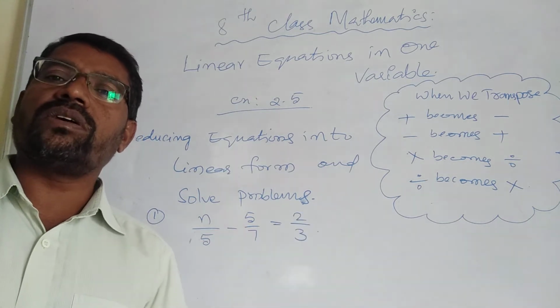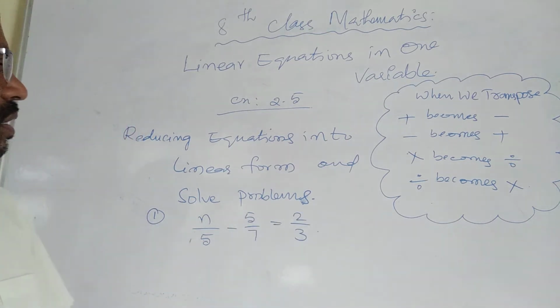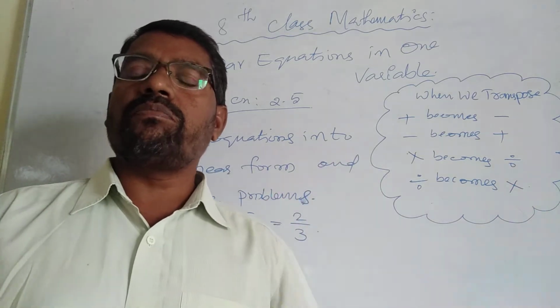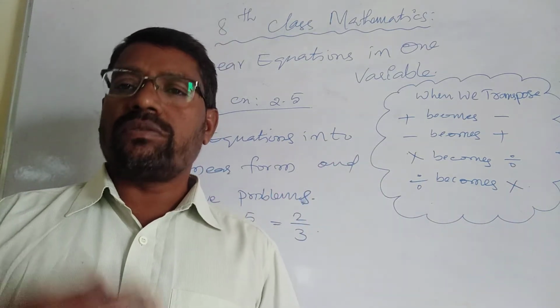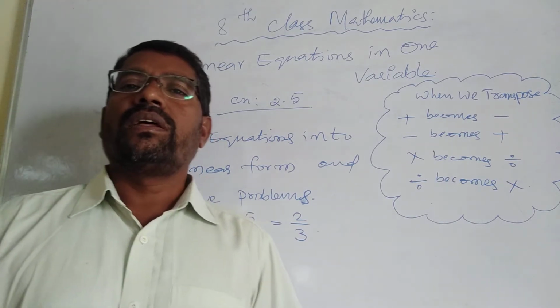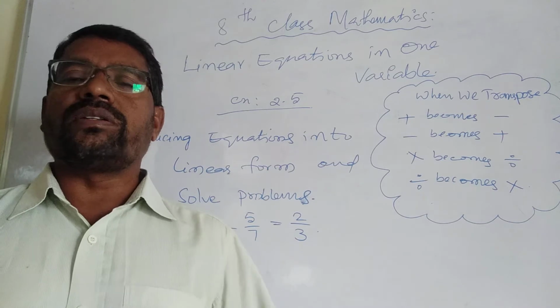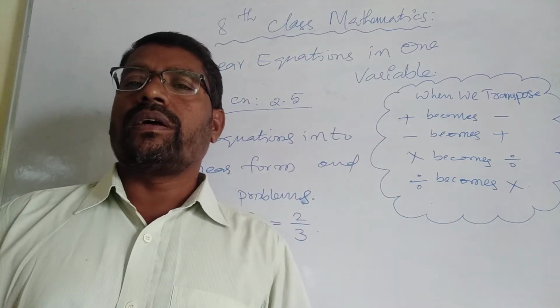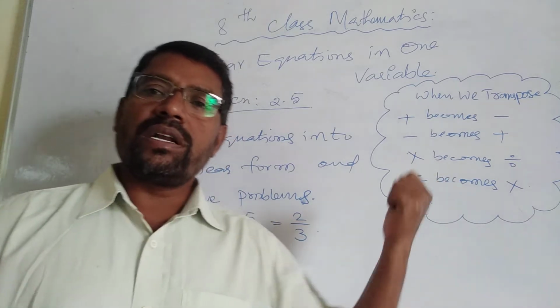Here some fractions are appearing, we are going to see that. Actually, in our exercise 2.5 the given questions are not in the simple form. When we look at your previous exercise, it is just a simple formation. From left hand side to right side, right to left, we get the variable value. That you already learned.